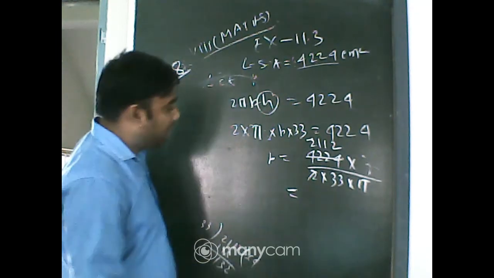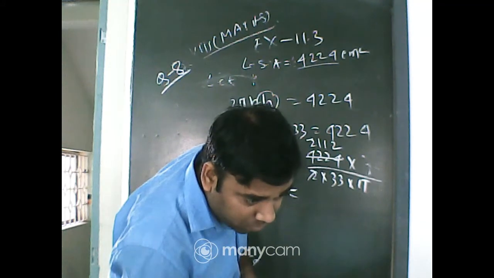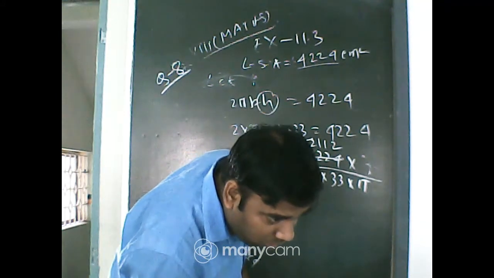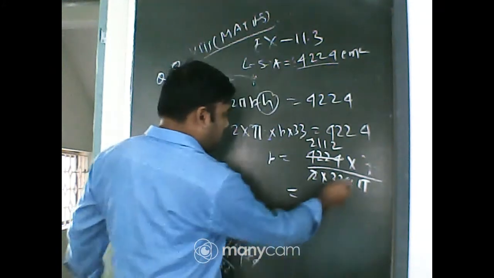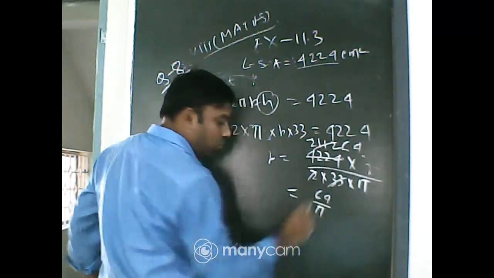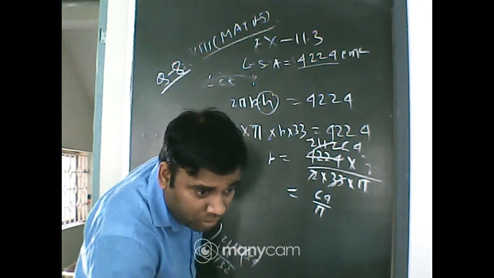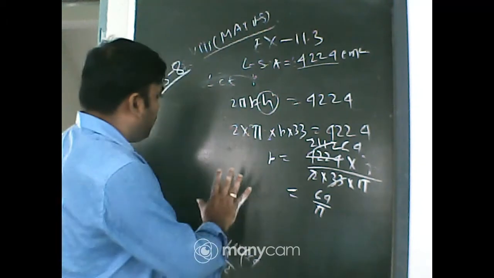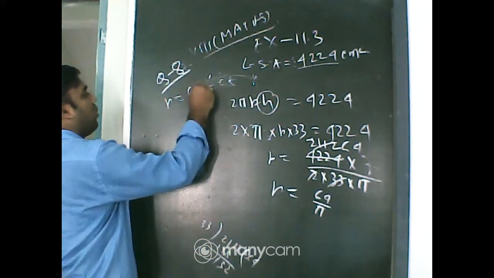After dividing this, you will get 64. So r equal to 64 by pi.